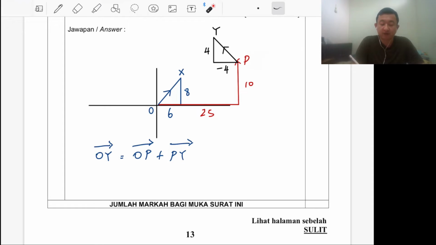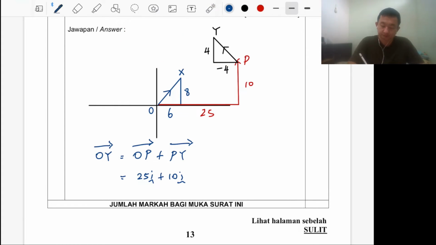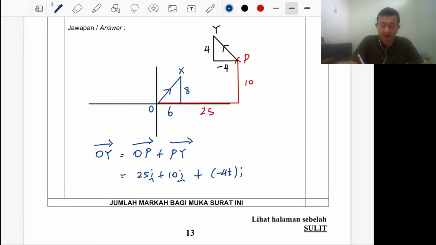So we have 25i plus 10j. However, for PY, P to Y, you cannot put negative 4i plus 4j, because after t hours you might be moving to nowhere. So you must put a t. So you should add negative 4ti plus 4tj.